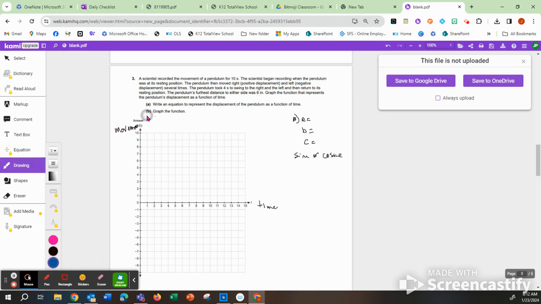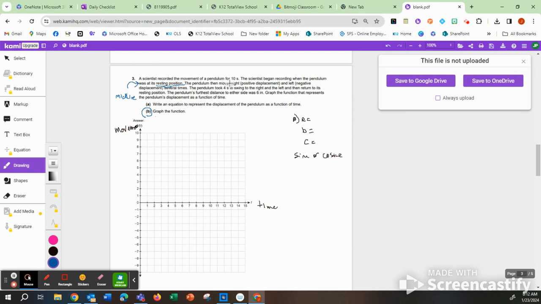So I would do the B part first, and I would look at things like, it says the scientist began recording the pendulum at its resting position. So that's a clue that its resting position would be at the midline. I'll give you a few clues here.